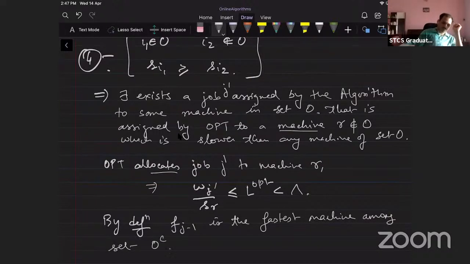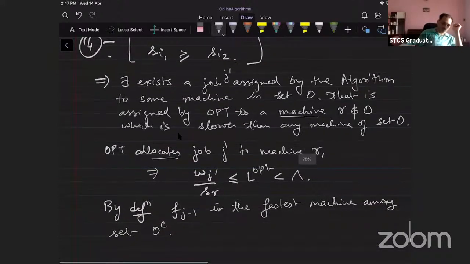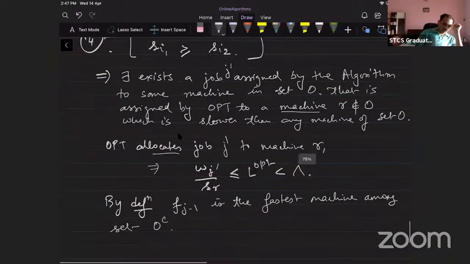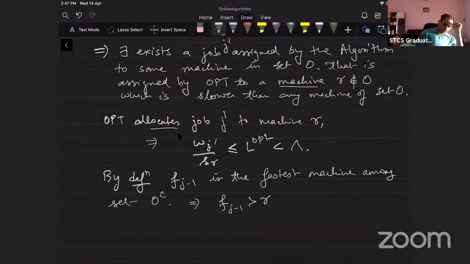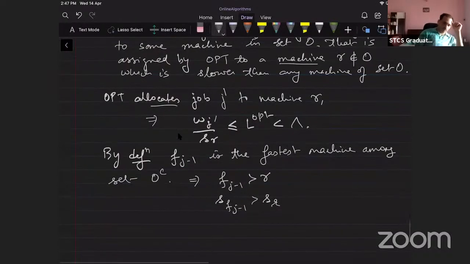That's just by definition. Therefore, what we have is that F_{j-1} is indexed to the right of R, and essentially S of F_{j-1} is greater than S of R. So now using this, we can also say that W_j' divided by S_{F_{j-1}} is also less than L_OPT.